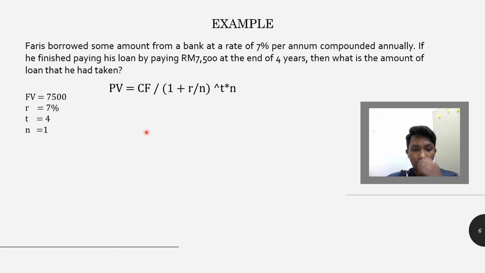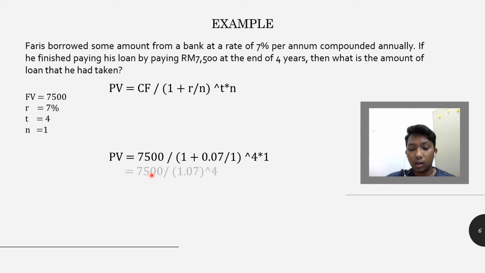So we put the information in the formula. So present value equals 7,500 divided by (1 plus 0.07 divided by 1) power 4 times 1.